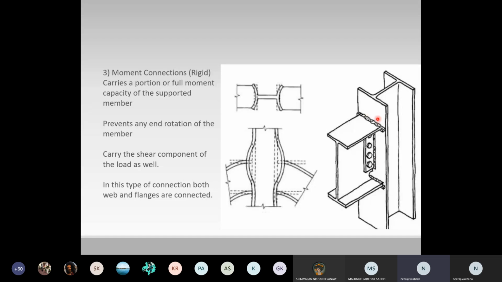This connection carries a portion of the full moment capacity of the supported member, thus preventing any end rotation of the member and also carrying the shear component of the load. The relative rotation between the supporting and supported member is negligible. In this type of connection, both web and flanges are connected compared to what we saw in shear connection.